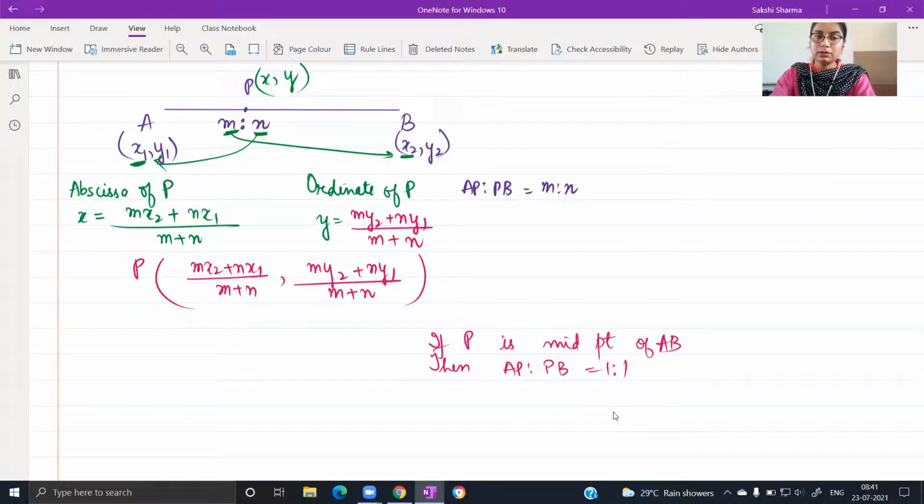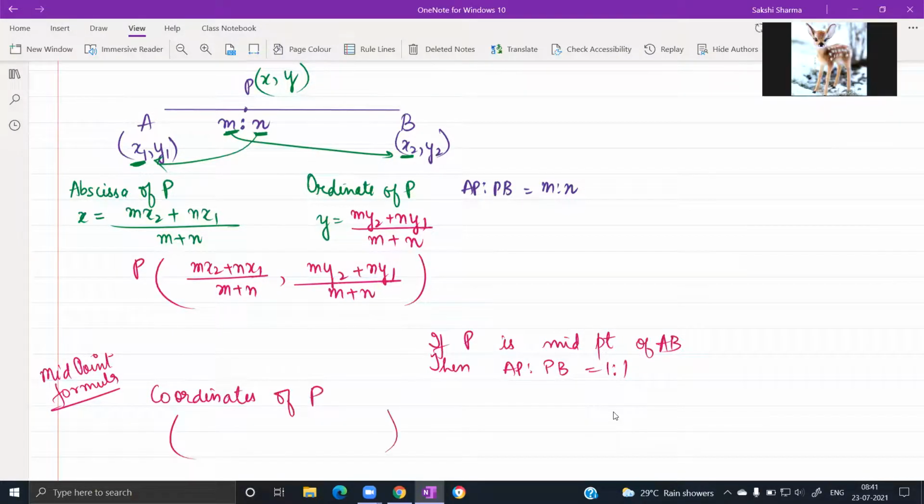Modify the formula. We can also refer to the new formula obtained as midpoint formula, but ये है section formula ही. Midpoint specifically जब हमारी ratio 1:1 हो जाएगी, तो उस केस में हमारे पास coordinates क्या बनेंगे point P के? Average of both the coordinates. Average of the abscissa, average of the ordinates.